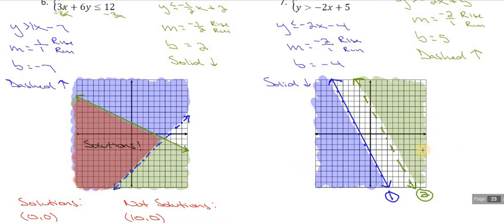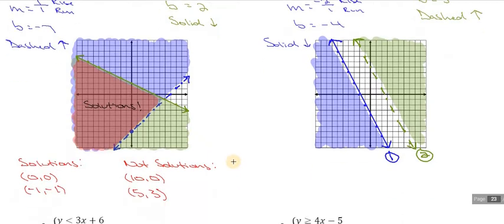Well, in number 7 here, we don't have any area on this particular coordinate plane where I have both the blue and the green. So there are no ordered pairs that satisfy both linear inequalities. So this particular system of linear inequalities has no solution. Okay, we have no overlap shaded region.